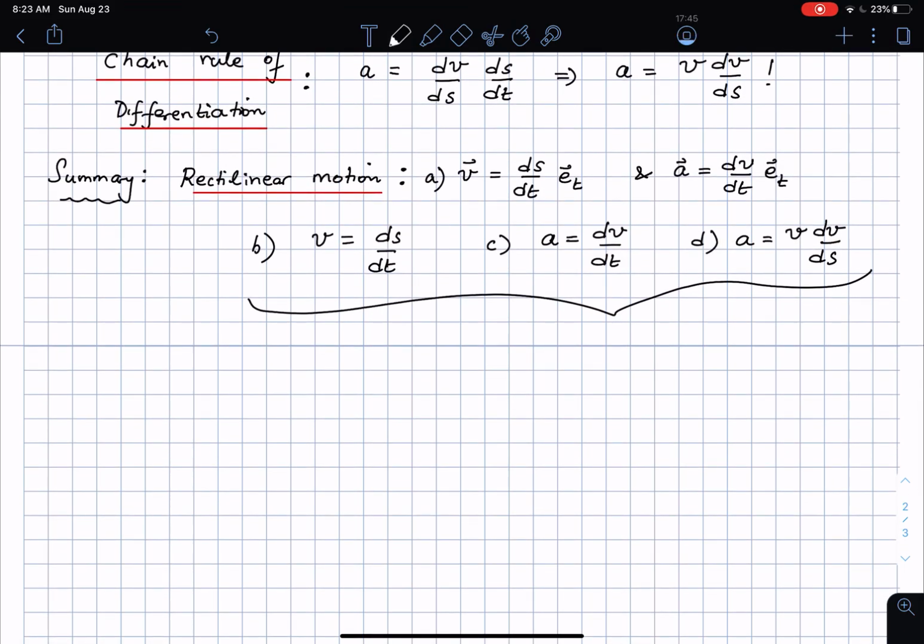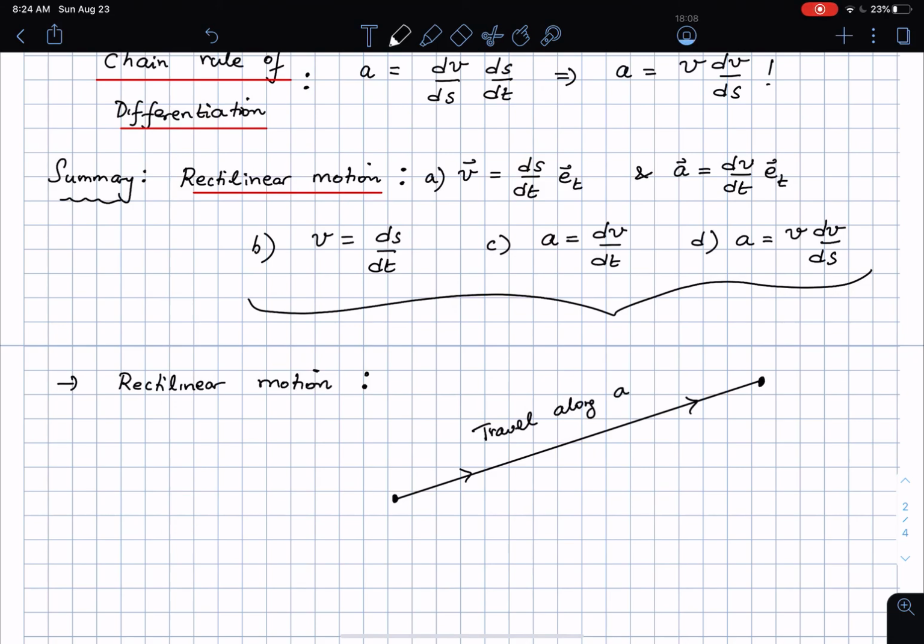Okay, so in rectilinear motion, which means that I'm essentially traveling along a straight line path, going from point A to point B, so travel along a straight line, that is rectilinear motion.